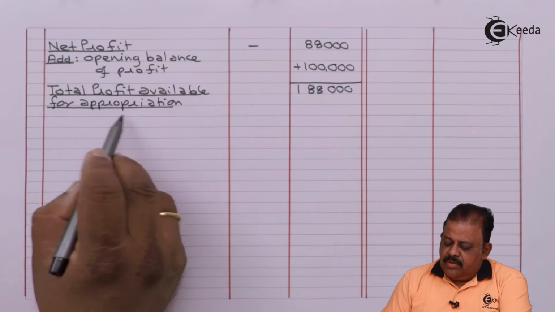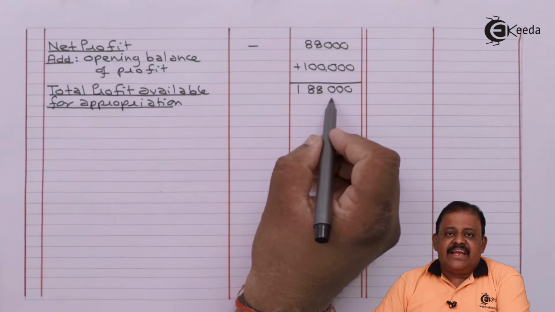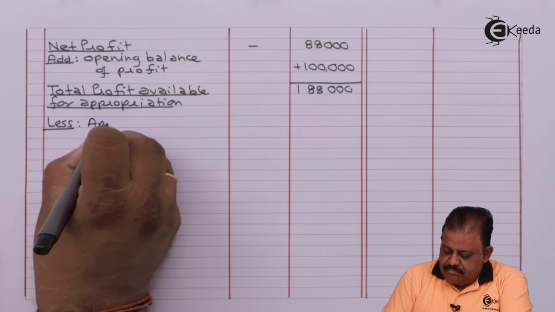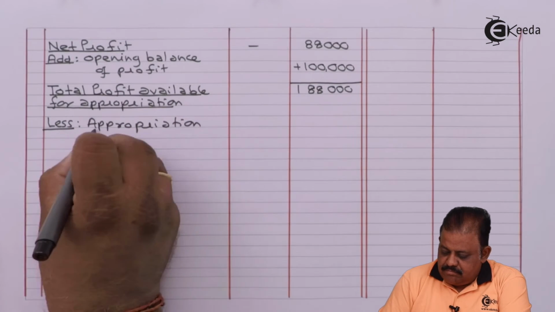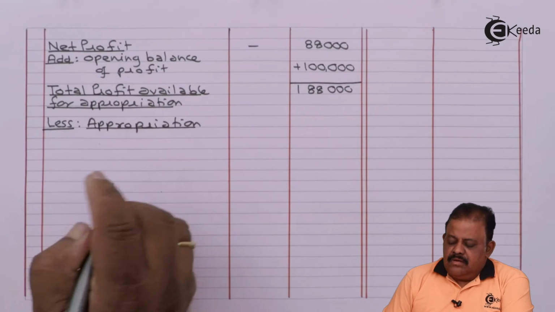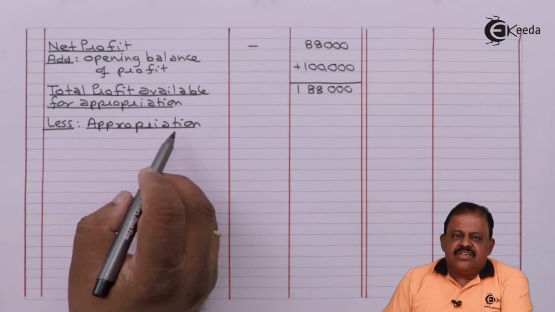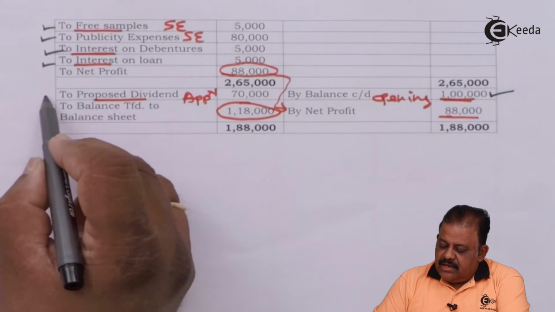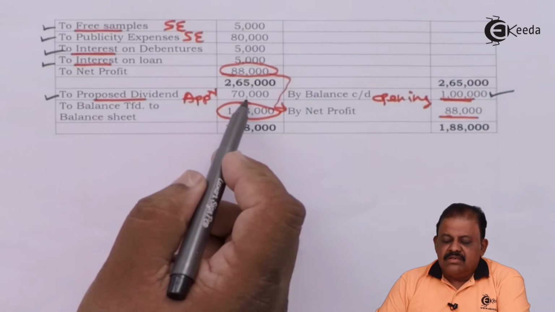Total profit available for appropriation 1,88,000. Less appropriation, we have proposed dividend as an item of appropriation 70,000.